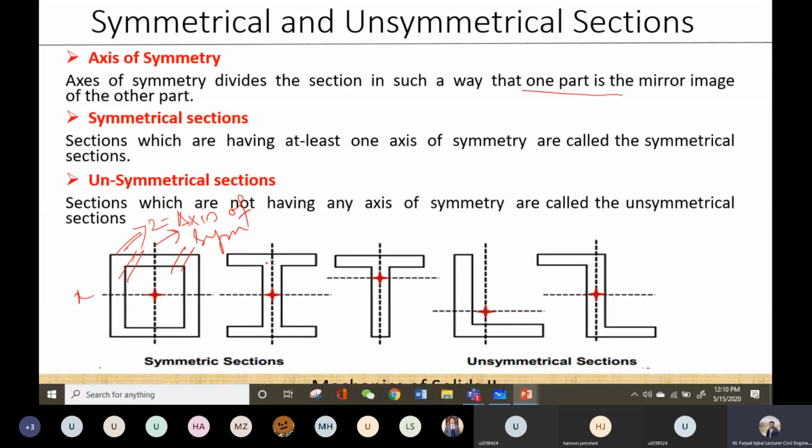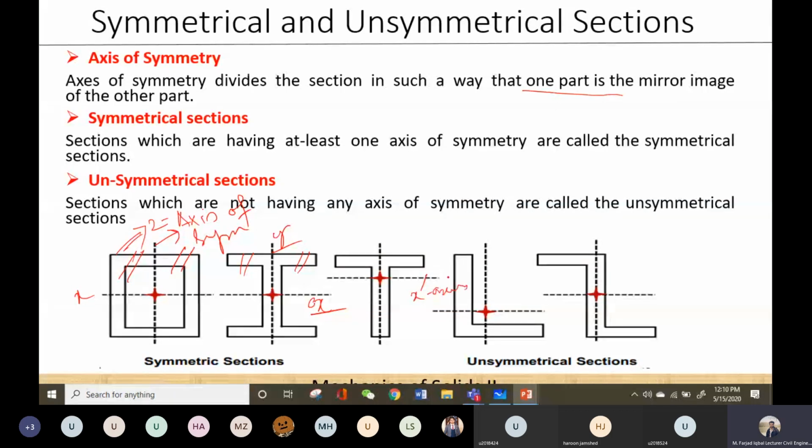Okay. Now let's look at the example of this I section. In this I section, one is this, let's say y-axis, the other one is this x-axis. Both these axes divide the section in such a way that each part is the mirror image of the other one. So for this I section also, we have two axes of symmetry, the x-axis and the y-axis. And for this T section, now this is important. Let's look at this x-axis.